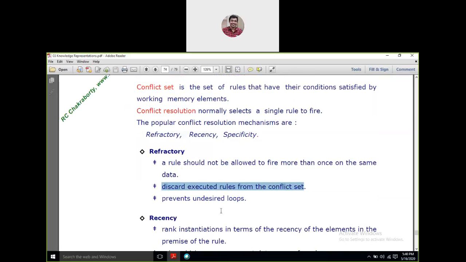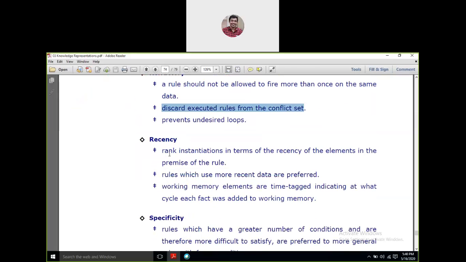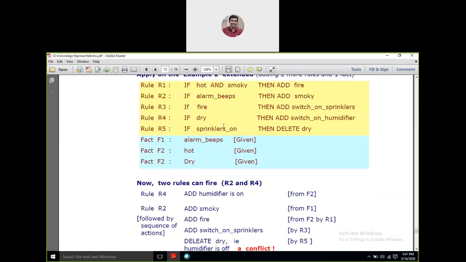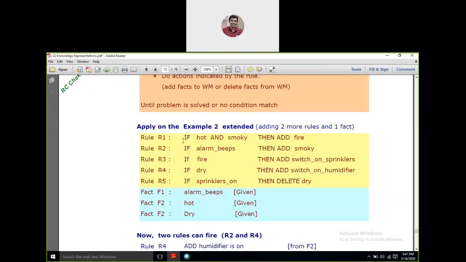Then comes recency. In case of recency, you rank instantiations in terms of the recency of the elements in the premise of the rule. That means you have to check which one is more recently used in the premise part, not the conclusion part, and how recently it has been used.